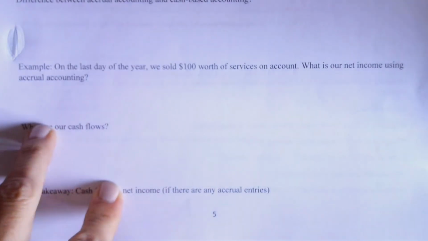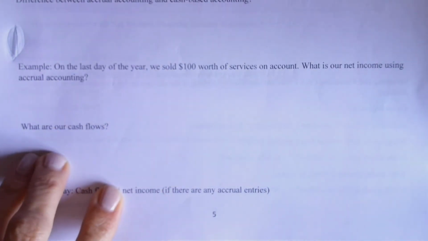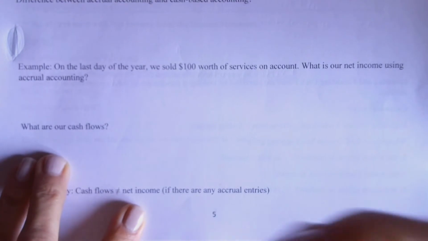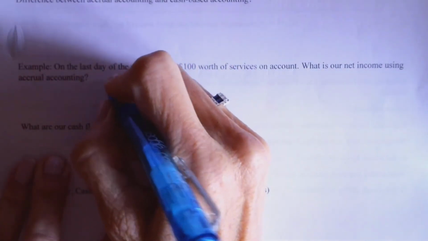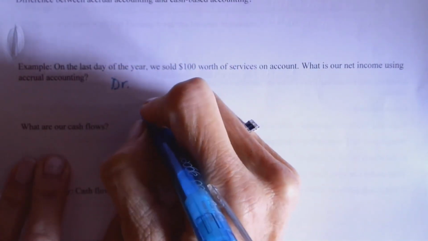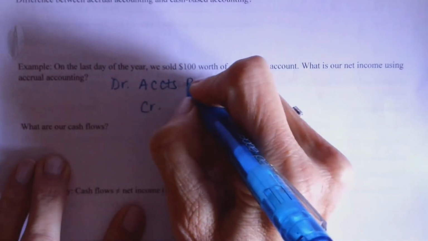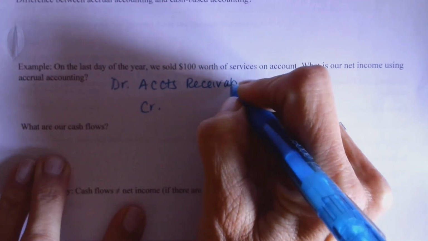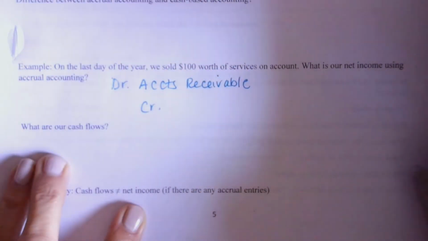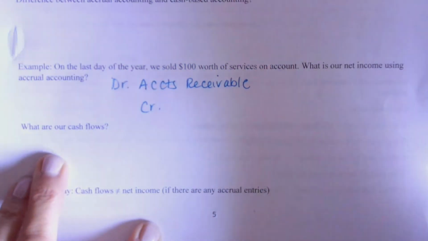On account means that the customer didn't pay us yet, right? So we debit accounts receivable. And then what do we credit?